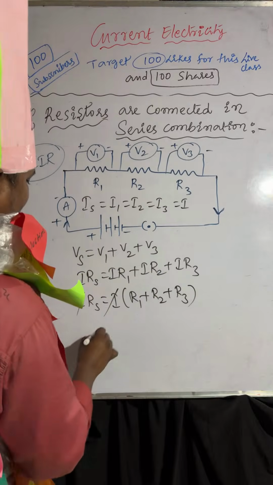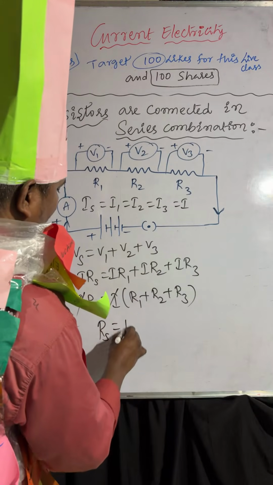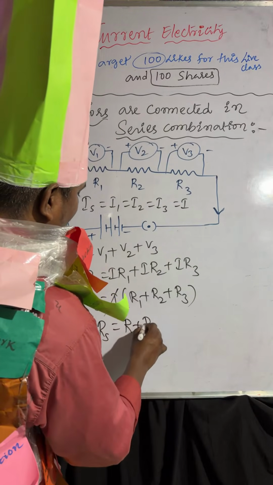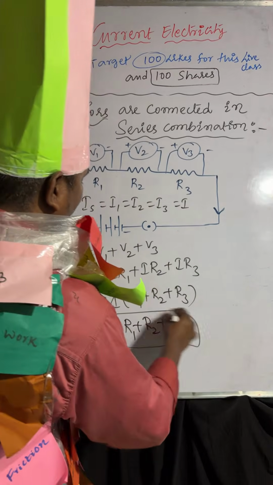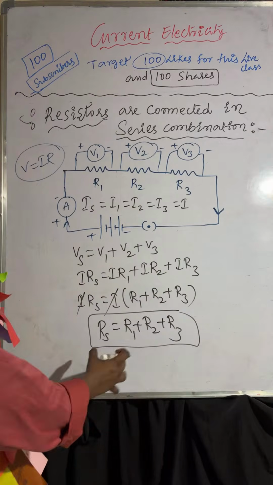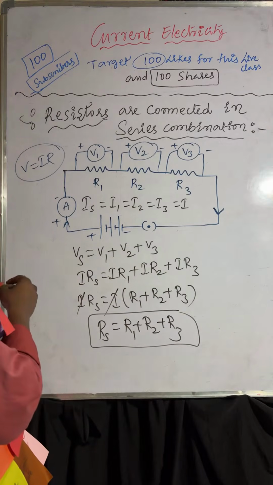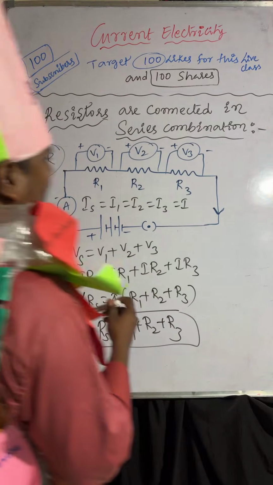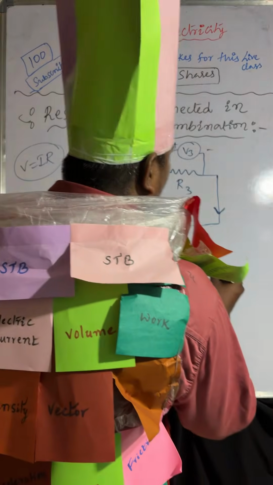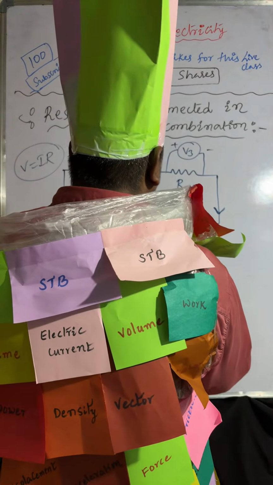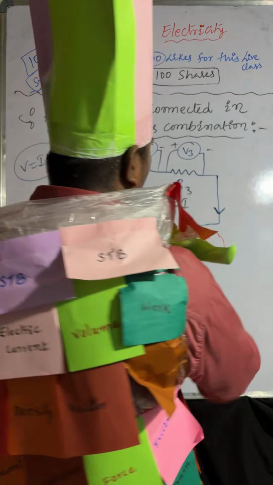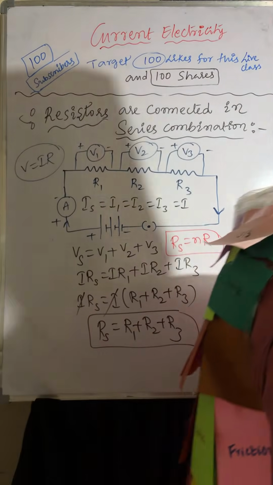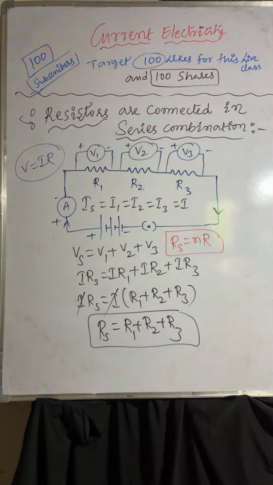So I gets cancelled. Rs equal to R1 plus R2 plus R3. If n number of resistors are connected in series combination, Rs equal to nR.